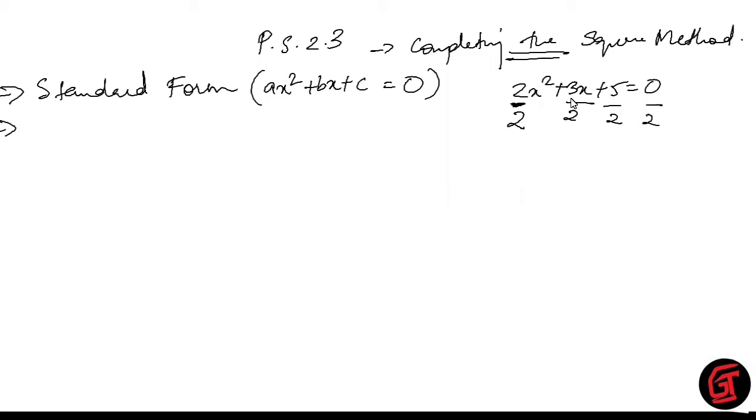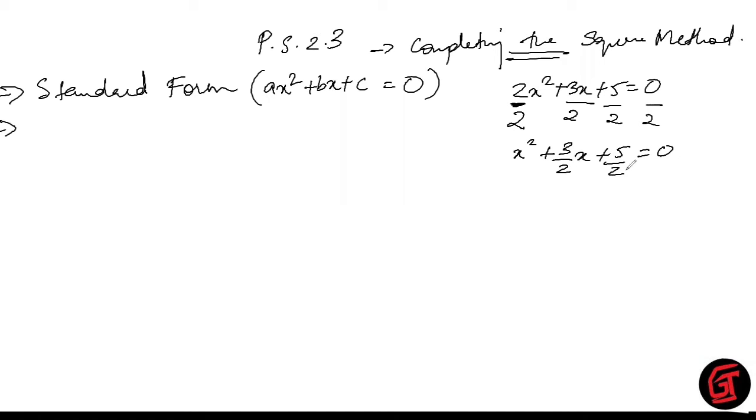If you see what this equation gets converted to, x square plus 3 upon 2x plus 5 upon 2 is equal to 0.